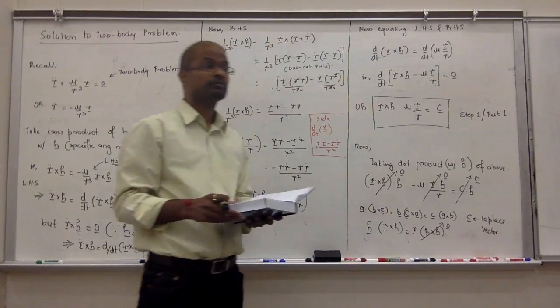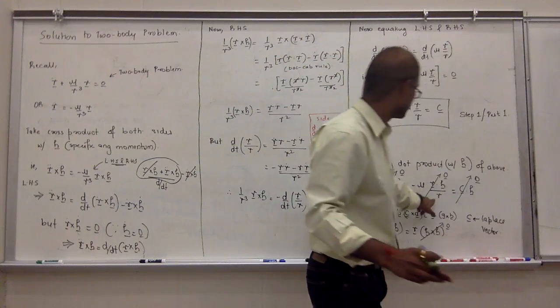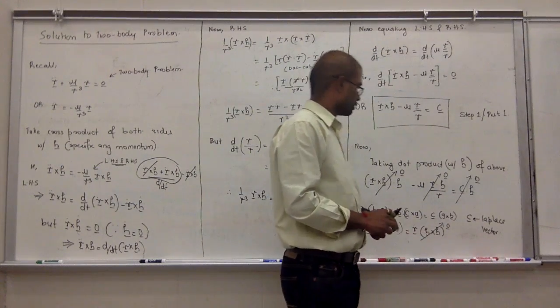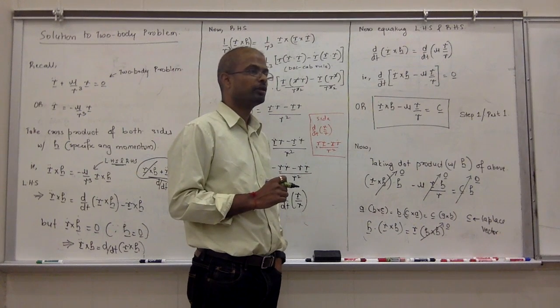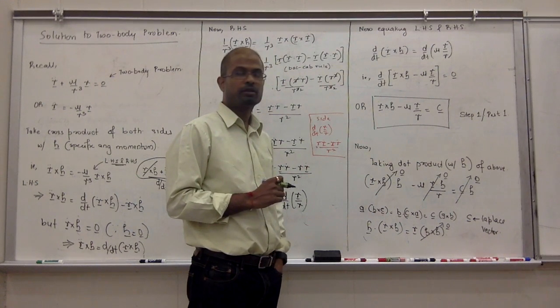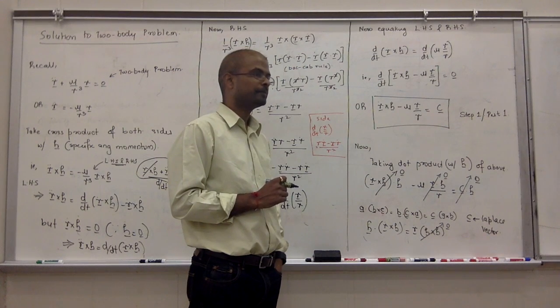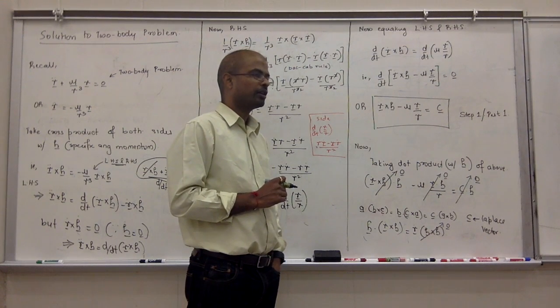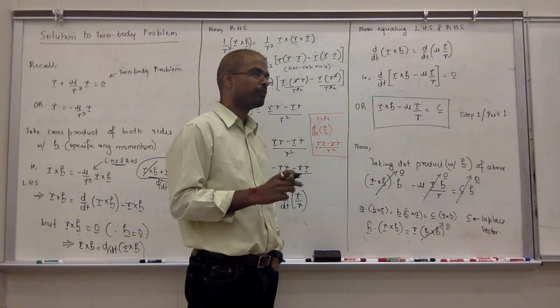Can you explain what that middle term is again? Why is this 0? How is H defined? What did we say about the definition of H specifically? R cross V or R cross R dot, right? By definition of cross product, the resultant should be perpendicular to both.